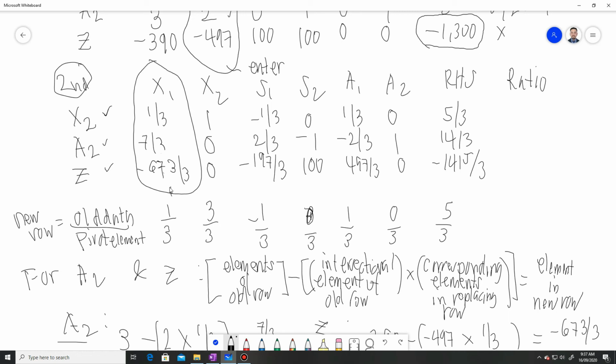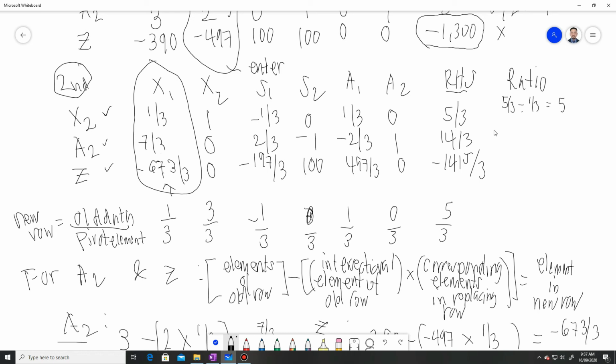This is the entering. And for the leaving, we will compute the ratio, RHS divided by the pivot element. We have 5/3 divided by 1/3, that is 5.